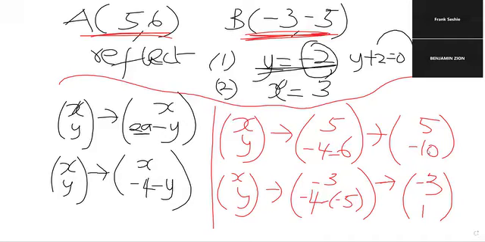Is that okay? So if you are now reflecting this in the line x equals 3, A (5, 6), B (-3, -5), x equals 3.